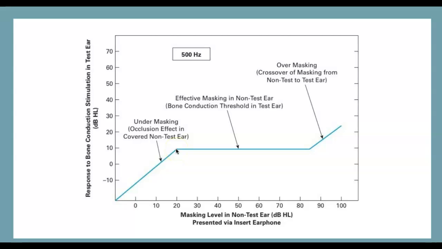There's no effective masking because the threshold keeps changing. But then once you get to between here and here, you have what we call effective masking, meaning that the bone conduction score is not changing as you increase the amount of masking. And then this is over masking, but don't worry about that for now. Focus on under masking and effective masking. Okay.